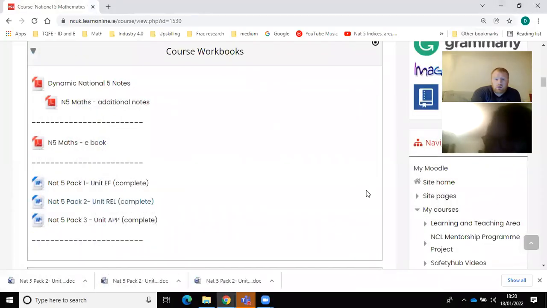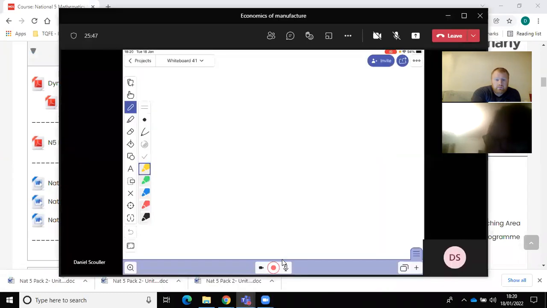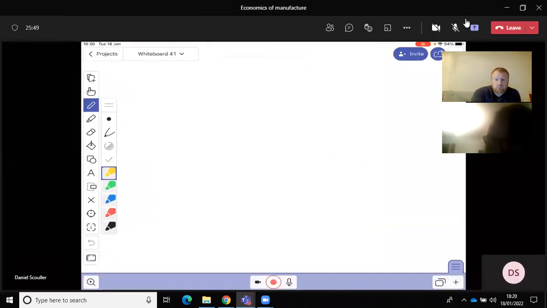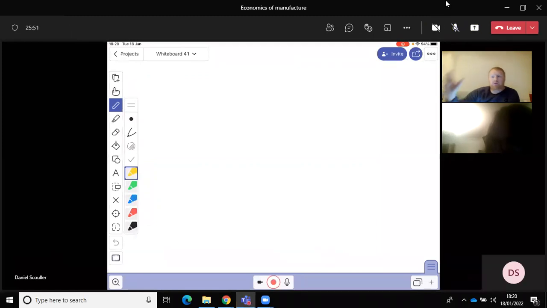Share screen. Okay, so last week on Thursday, we started simultaneous equations. We started simultaneous equations, and I said to you that we're going to carry them out in that elimination method.